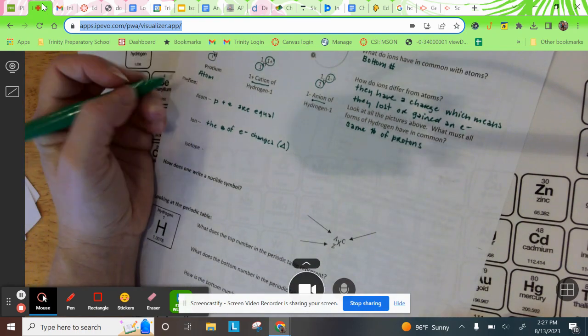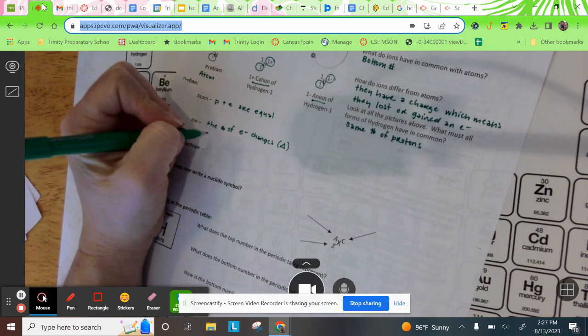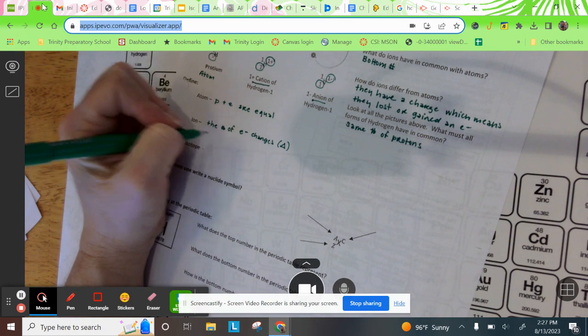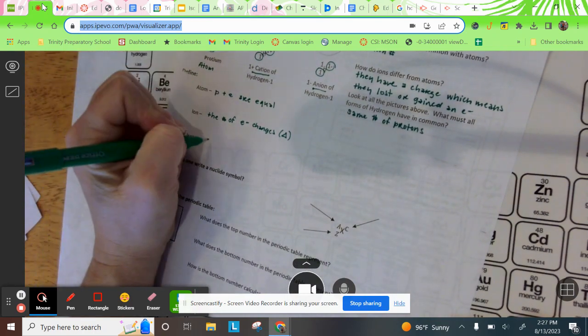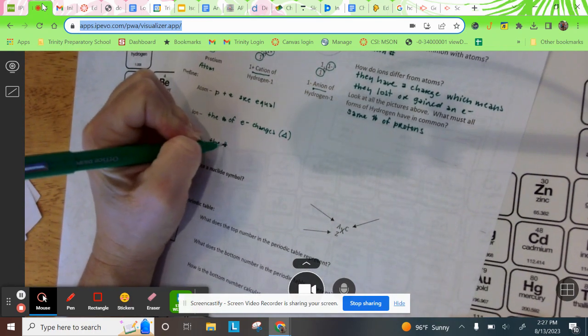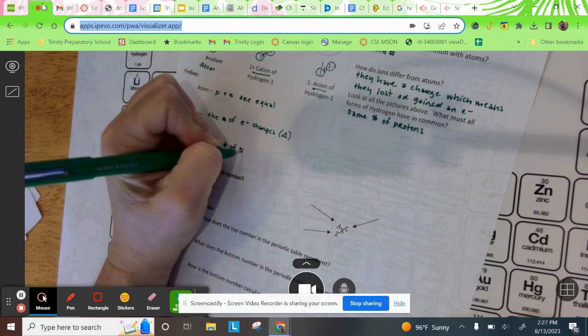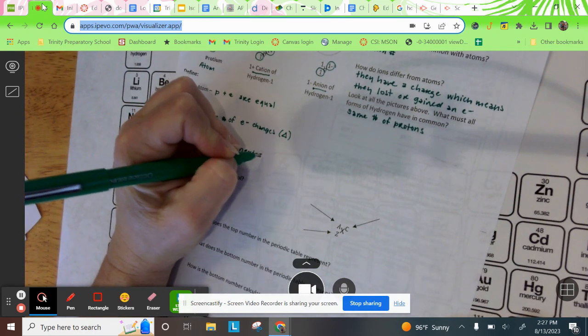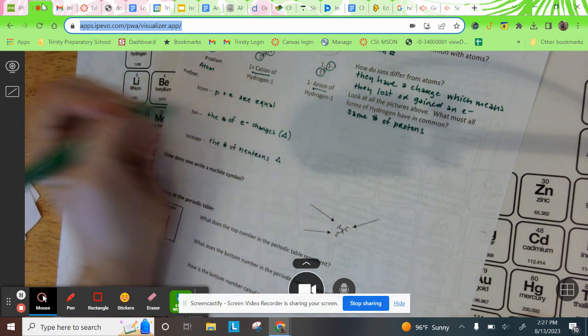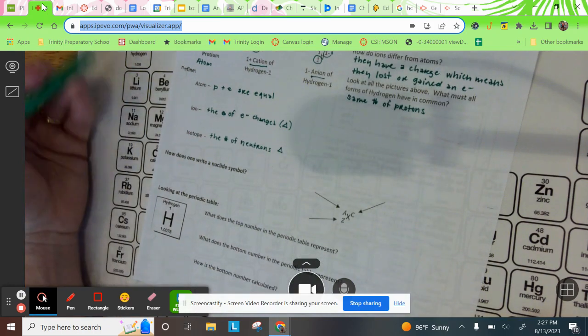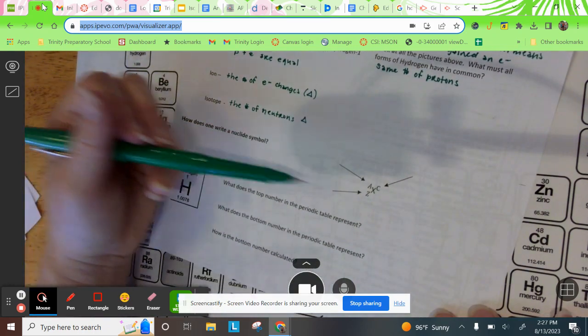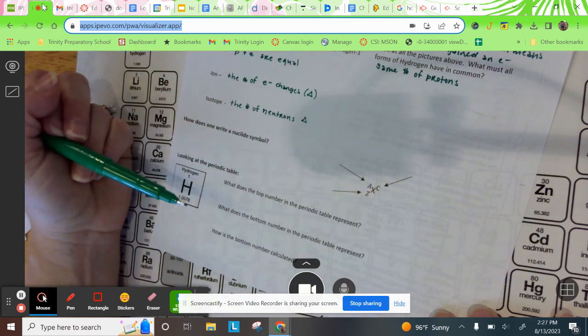So it will have the same number of protons and neutrons, but the number of electrons changes. An isotope is when the number of neutrons changes. I'll put there change.